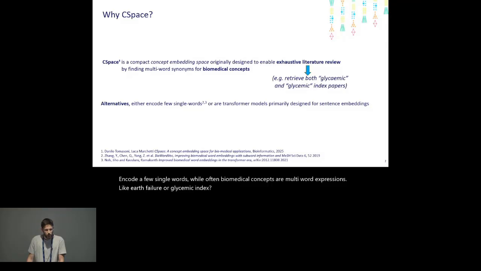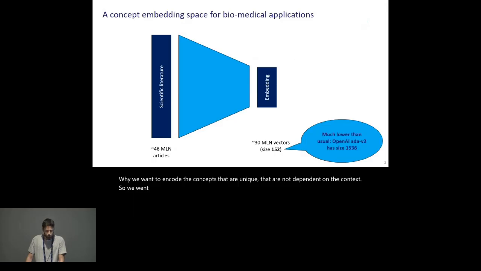Other alternatives, we saw some of them also before, are transformer-based. And transformer architectures are designed to work on sequences, while we want to encode concepts that are unique, that are not dependent on the context. So we went down our own solution.